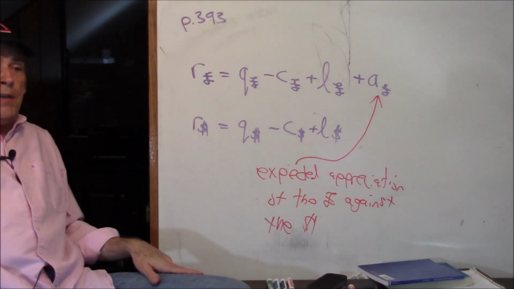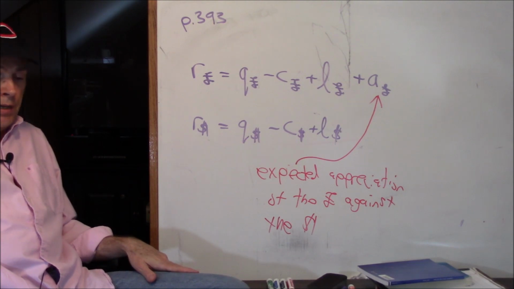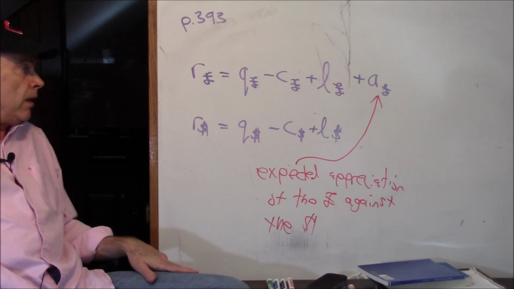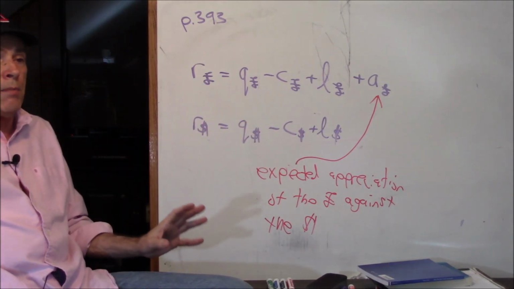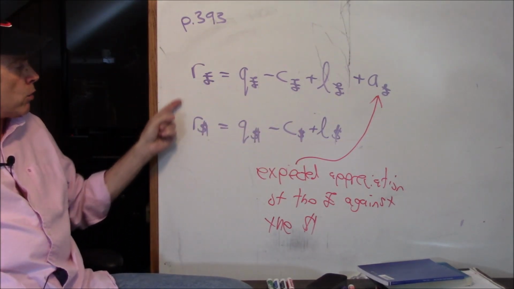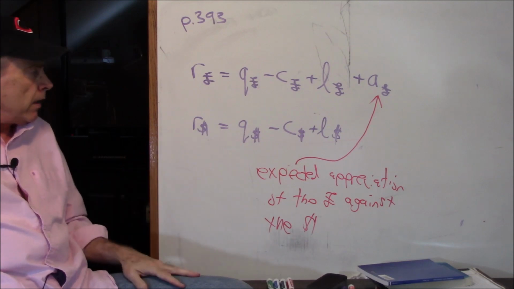So we haven't had anywhere to include it in the equations, and again, Keynes does the same thing. He adds this in late. After he's taught you how these things work, he says, okay, now let's start talking about how the price of this thing can change relative to the price of this thing, all right?